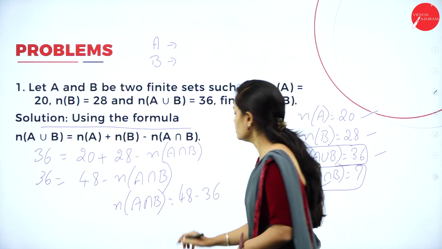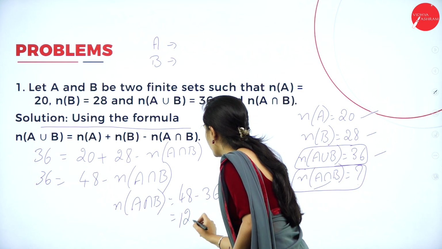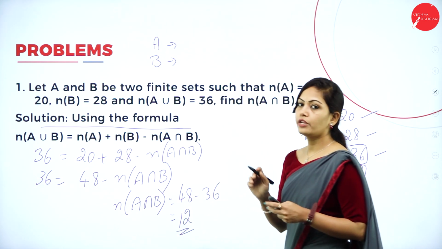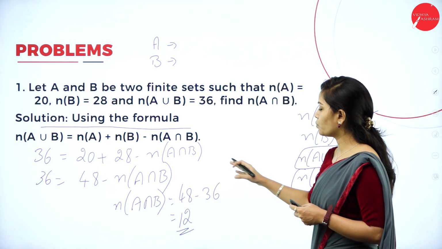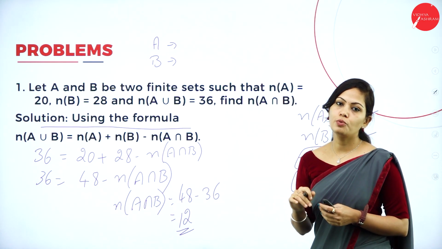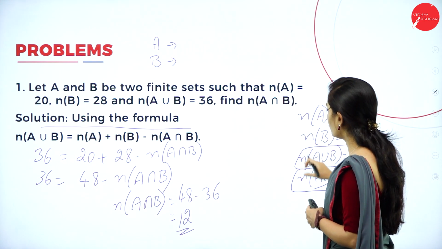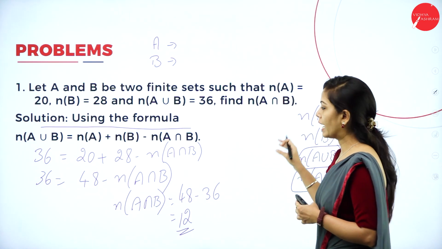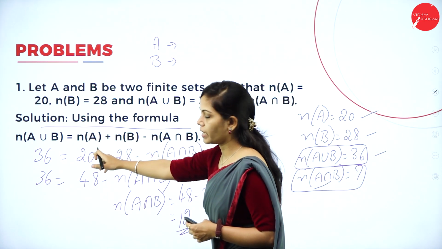So what is the answer? It is 12. So n of A intersection B is equal to 12. So very simple problem for 2 marks. So first write all the given values and substitute them into this equation.